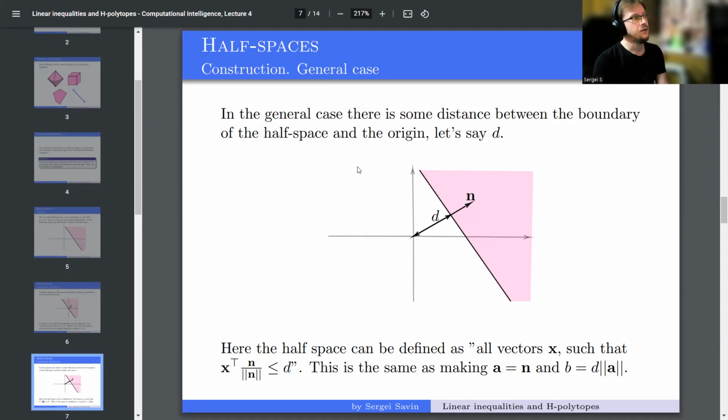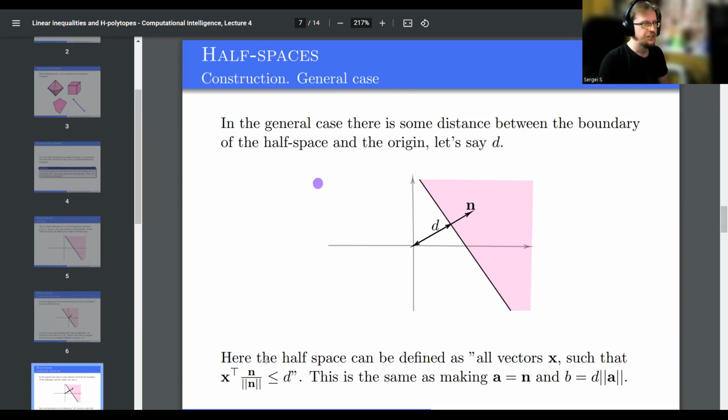How do we write it as A x less than or equal to b? Well, again, these are all vectors x such that x times n is less than or equal to d.